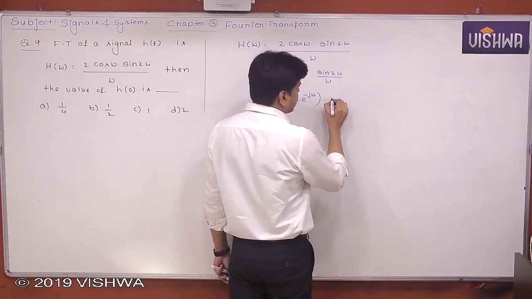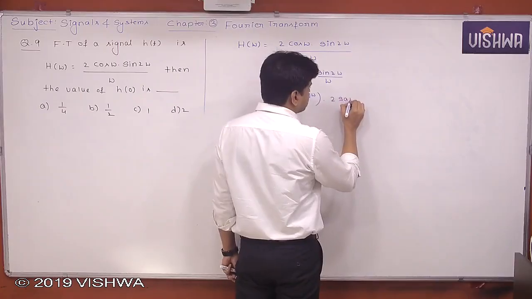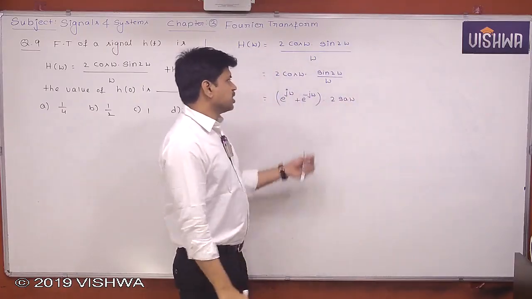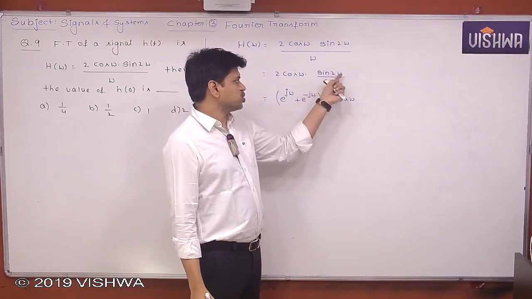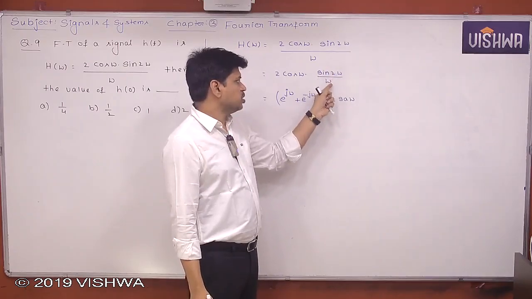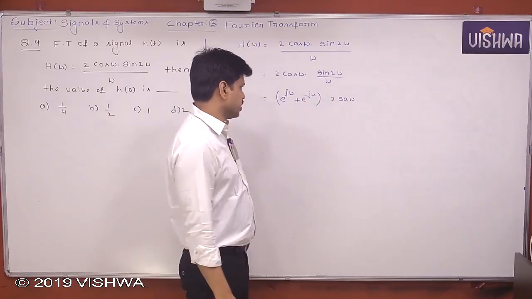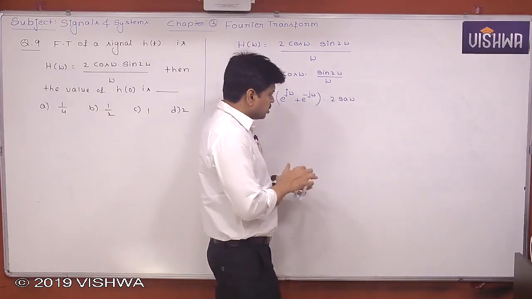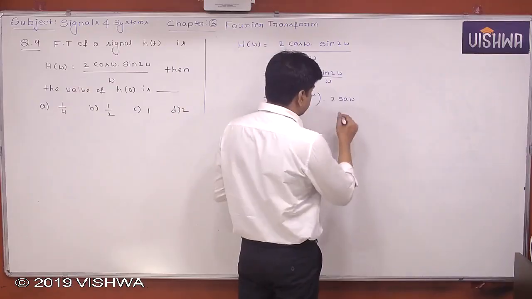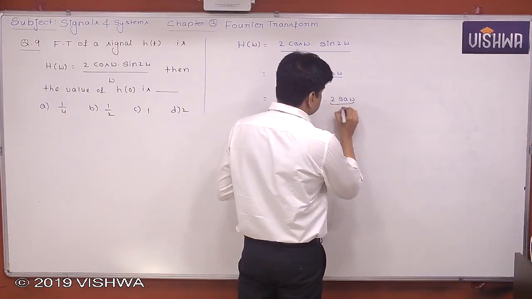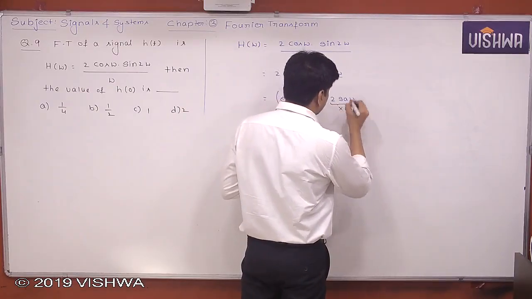That can be written as 2 sampling omega, because sine 2 omega by omega. Here the factor for omega is 2, and here the coefficient for omega is equal to 1. So let's call this 2 sampling omega as capital X of omega.